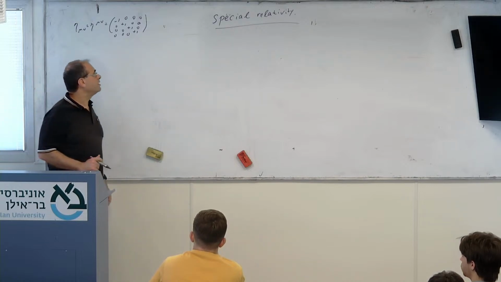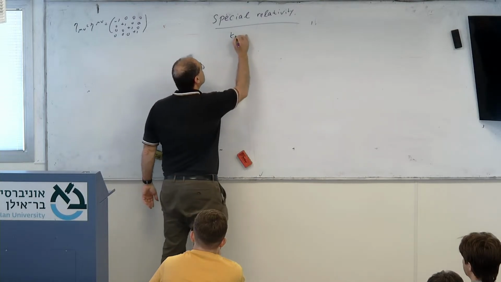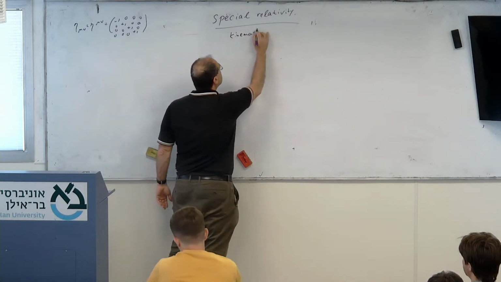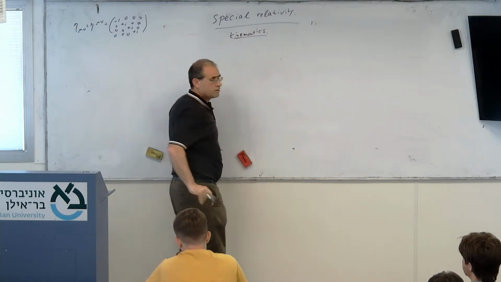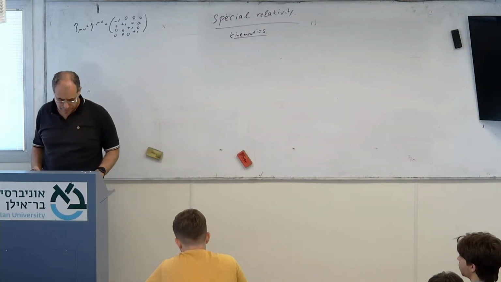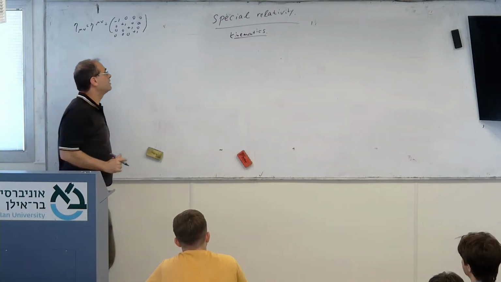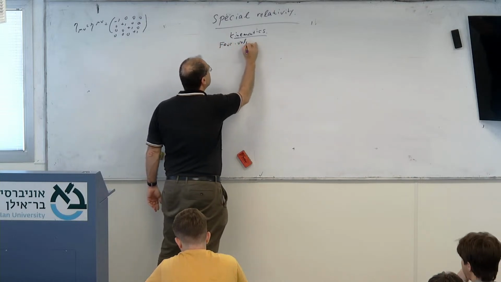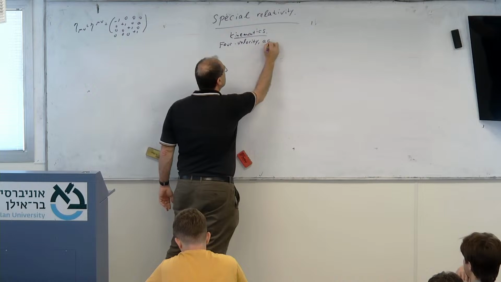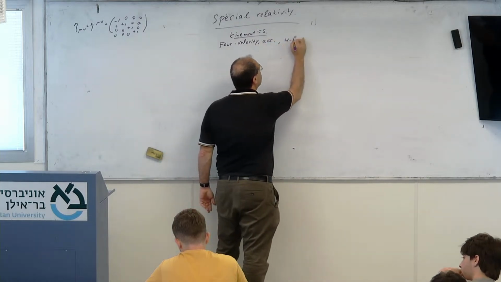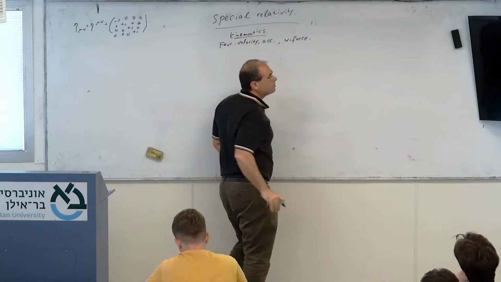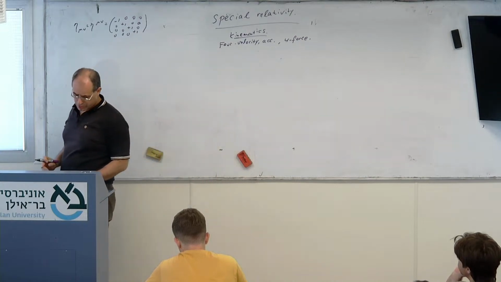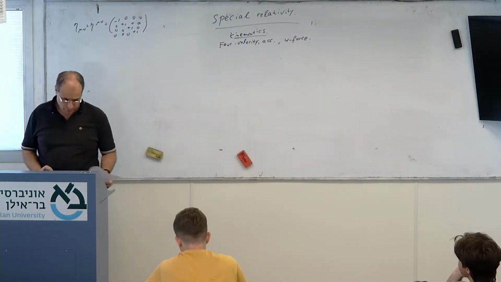So now we talk about kinematics. We start with the concepts of velocity, acceleration, and force. And I actually started by introducing to you the concept of the world line.